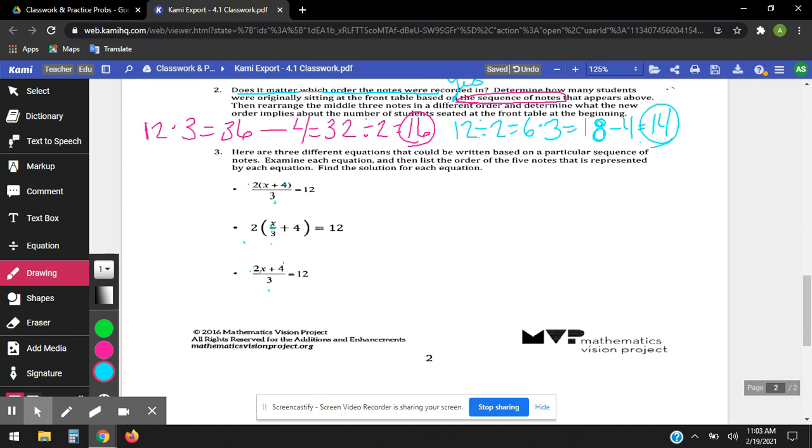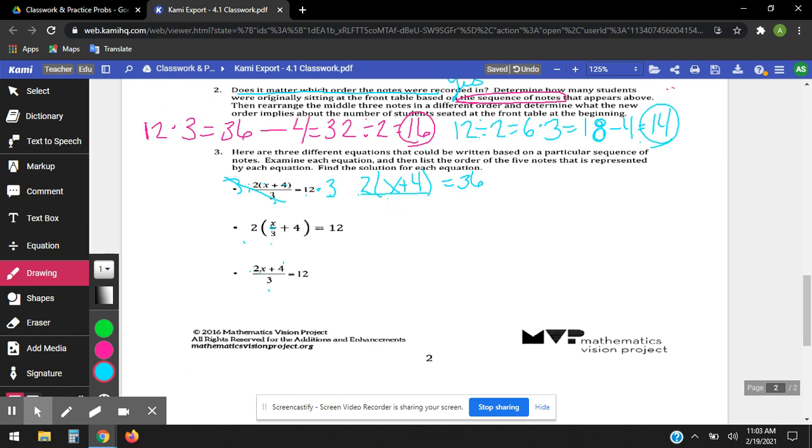So now let's undo this. I'll start with blue here. To undo a divide by 3, we have to times 3. So now I have 2(x plus 4) equals 12 times 3, which is 36. Now, let's undo this doubling.